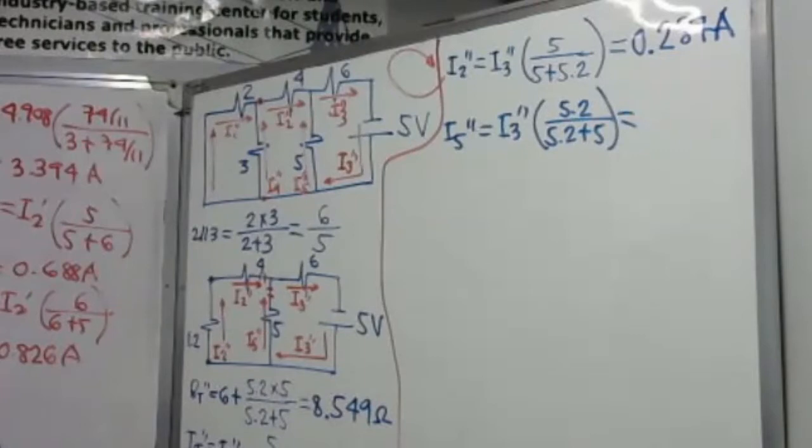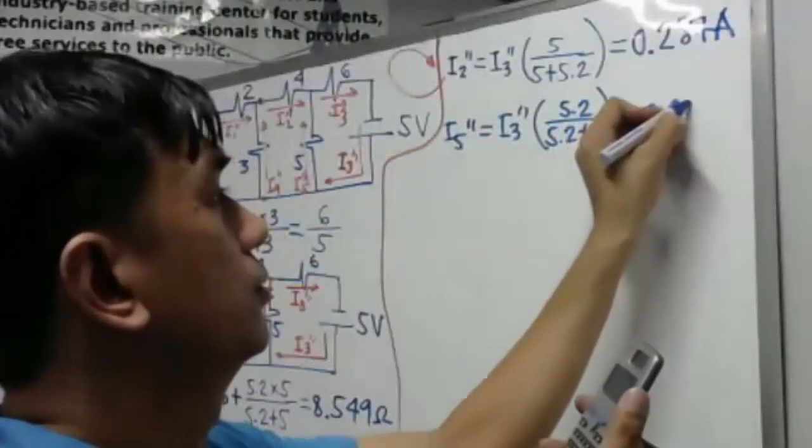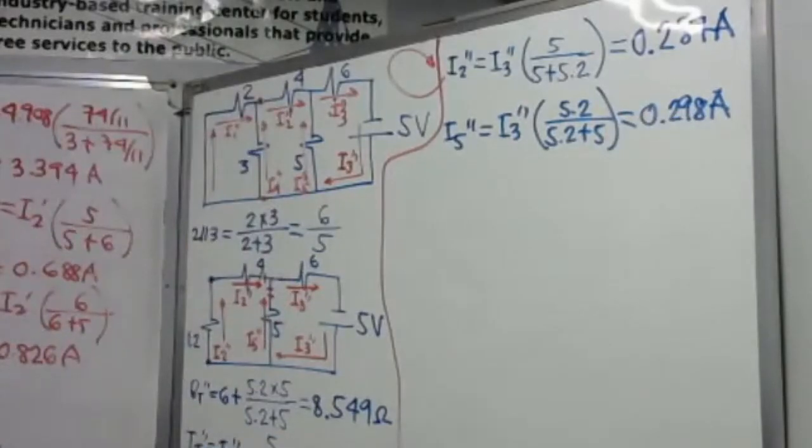This is 0.585 times 5.2, okay, again 0.585 times 5.2, then divided by 10.2 equals... So this is 0.298 ampere. Okay. So we have that one. What else?